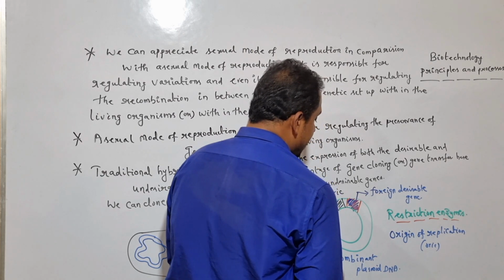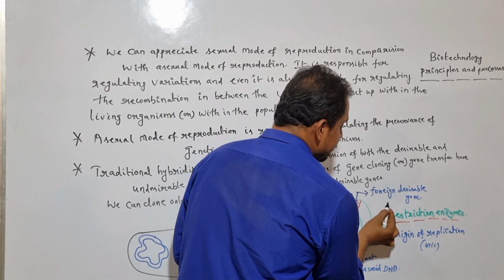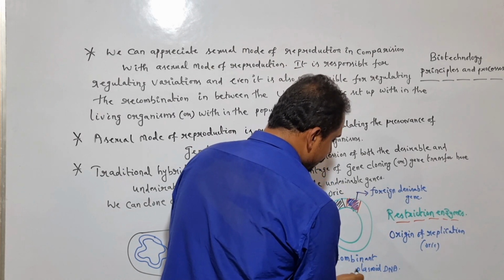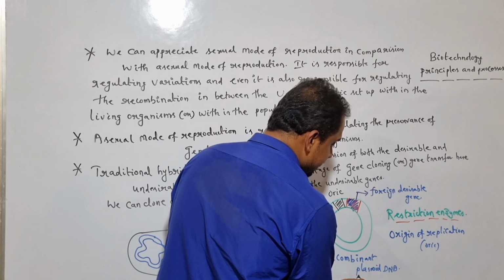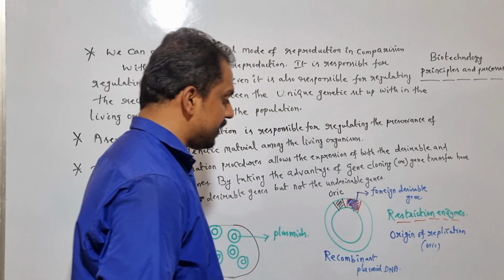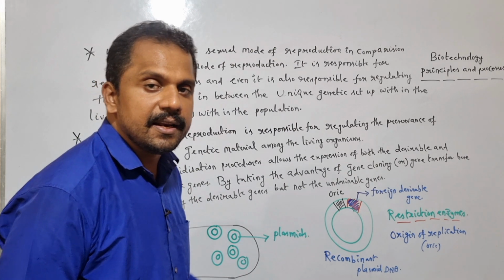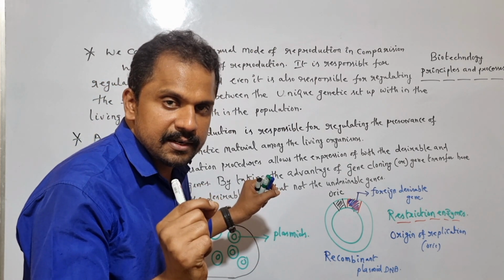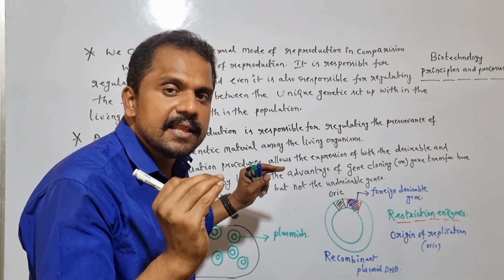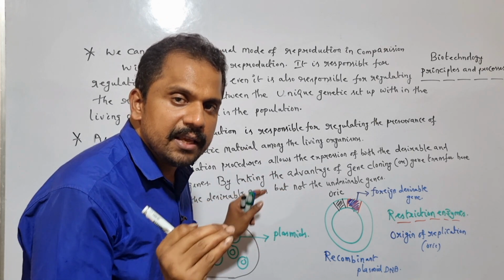After the successful insertion of the foreign desirable gene within the plasmid DNA, the plasmid DNA has turned into recombinant plasmid DNA. After the successful formation of recombinant plasmid DNA, we need to place the recombinant plasmid DNA into the E. coli host.